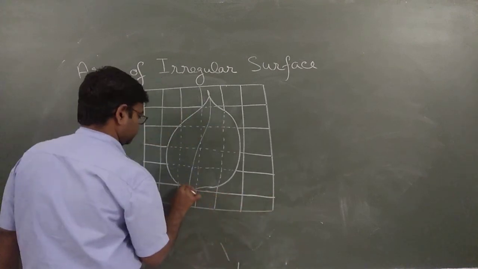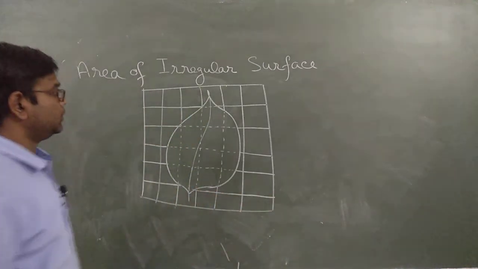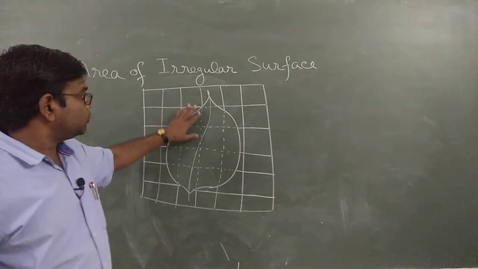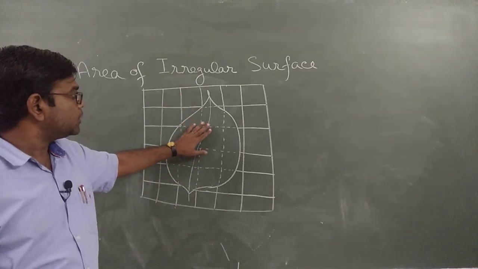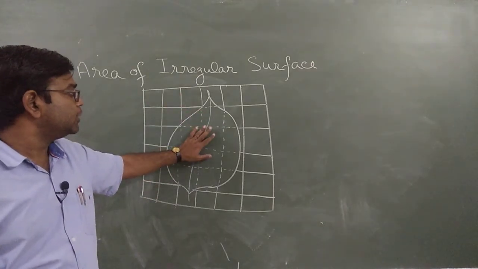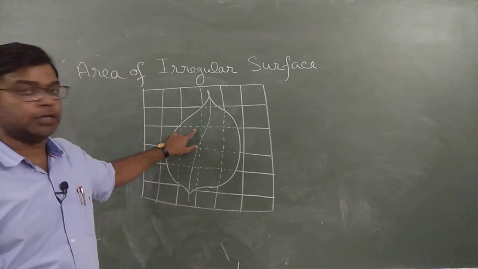This one. Just see, those lines hidden just behind the leaf are indicated by dotted lines.